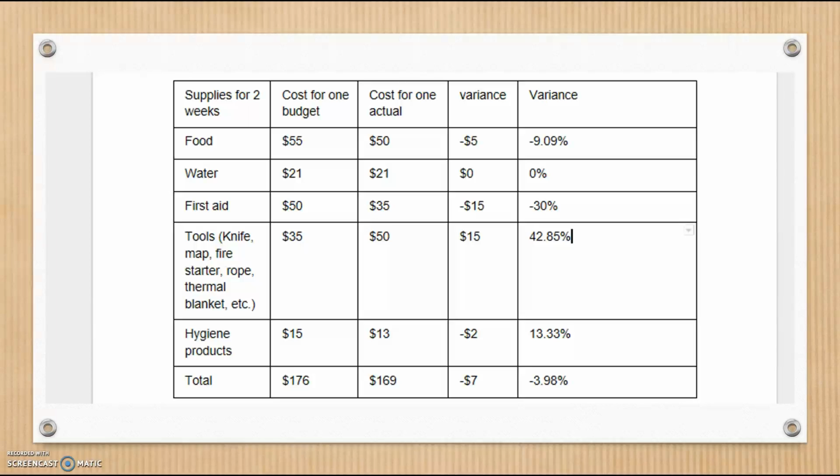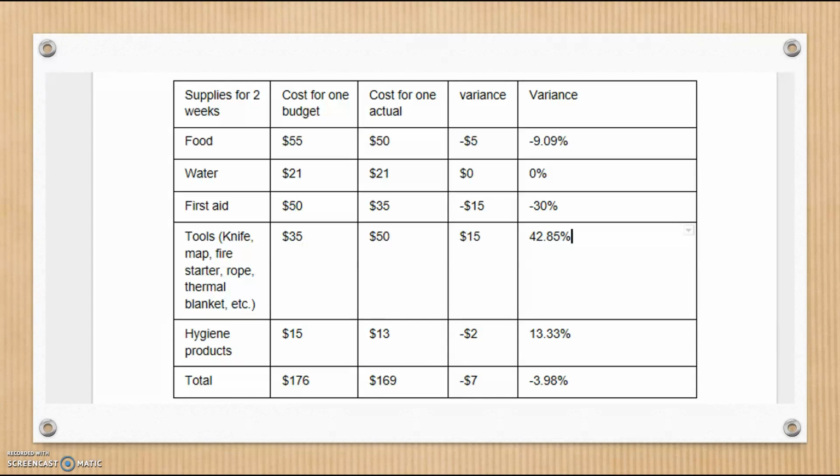And these are some of the other items that we have estimated the cost of. We did a little bit more research and found that the cost is different than what we anticipated. One of the more notable ones is our tools.